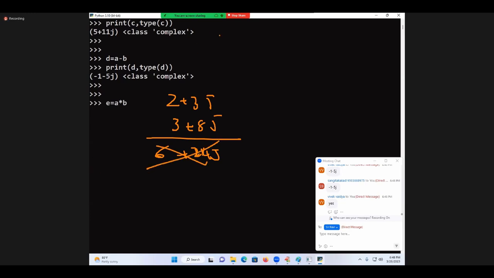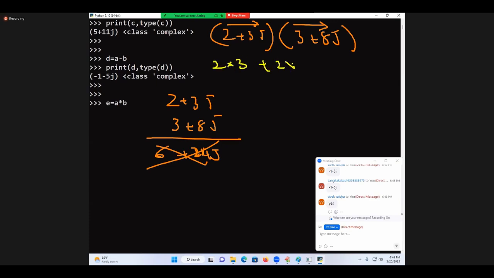How do you need to take it? 2 plus 3j into 3 plus 8j. Students, please carry on and multiply these things now. You know how to multiply, right? So 2 into 3, plus 2 into 8j, plus 3j into 3, plus 3j into 8j, which is 24j square.